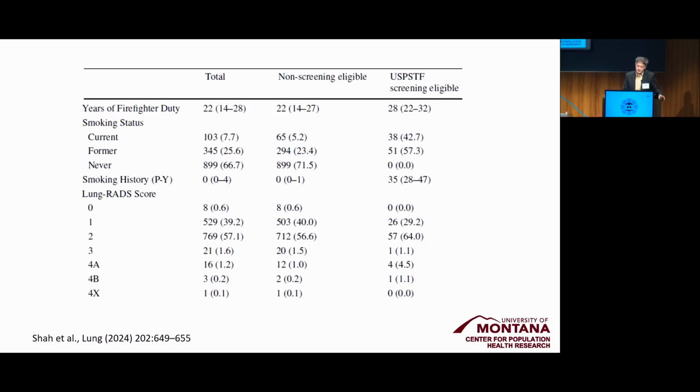If we look at just the non-screening-eligible group, looking at Lung-RADS 3 and 4, there were 45 Lung-RADS 3 and 4 among that group. That includes a lot of non-smokers that were not eligible for lung cancer screening.